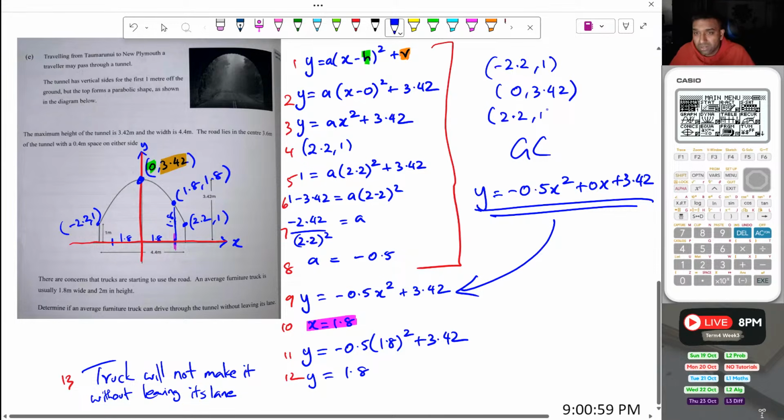So for the graphics calculator, you need to have three of these points for a quadratic equation. Then what we're going to do is go into the stat mode, and we just put in those numbers. So negative 2.2, 1, and so on. Then click on graph, which is F1. Then click on graph 1 again. Click on calc. And then it's under x squared, which is the parabola. And then that should give you your points there, Yonita.